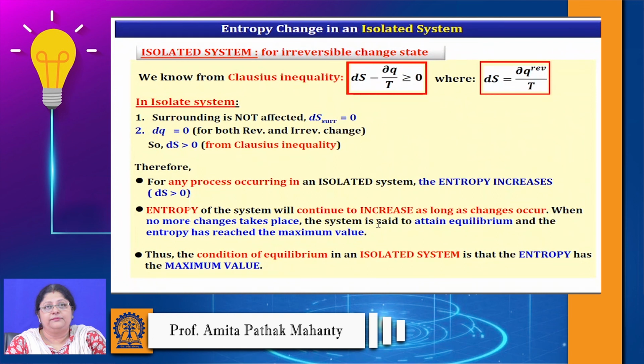So the condition for equilibrium in an isolated system is the condition where you have entropy as the maximum. This is one criterion which I want you to remember, which we are going to discuss when we talk about the condition or how long a process can continue to occur. A process in an isolated system will continue to occur till it reaches the equilibrium at which the entropy reaches its maximum value.